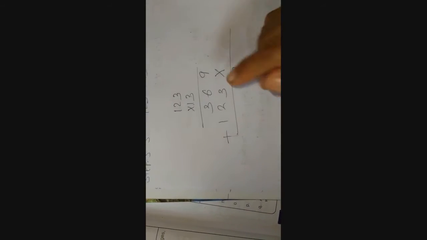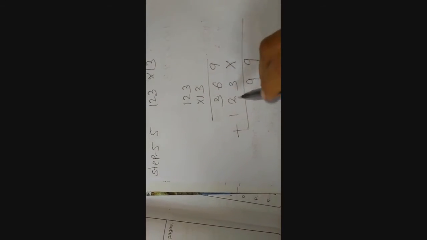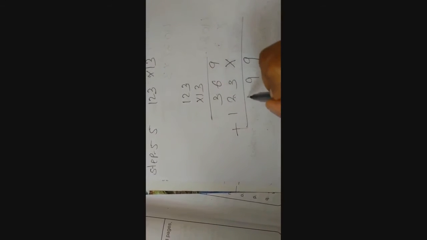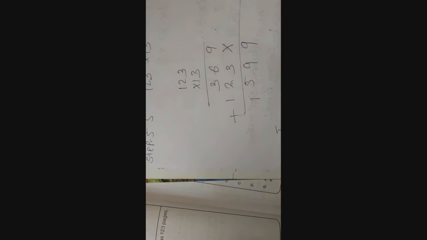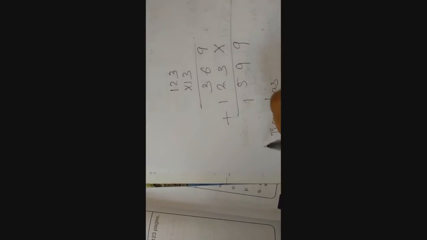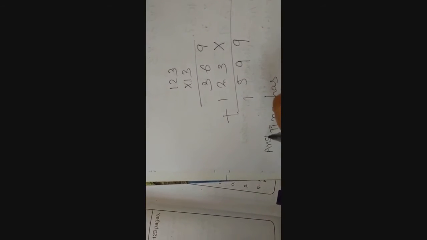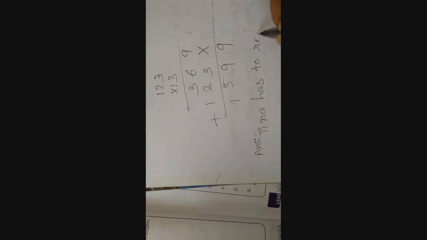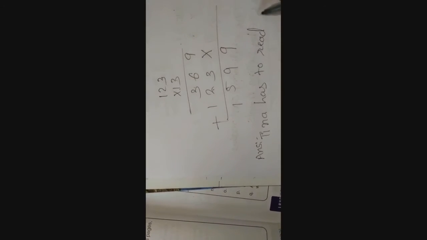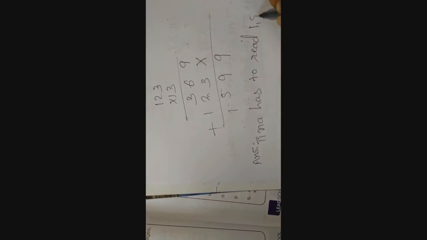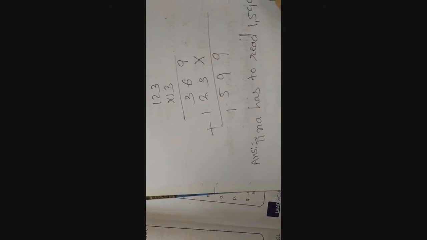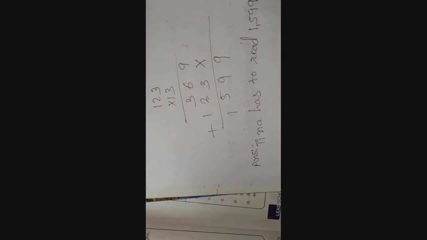Now we have to do the addition. 9 as it is, 6 plus 3 is 9, 2 plus 3 is 5, 1 as it is. So the answer is Tisha has to read 1599 pages in total.